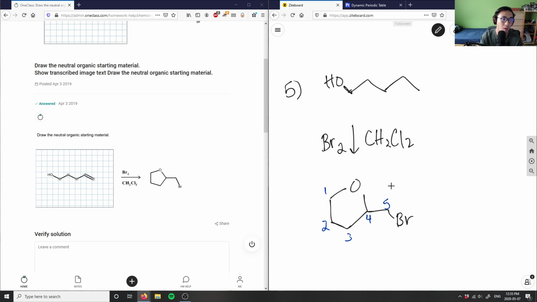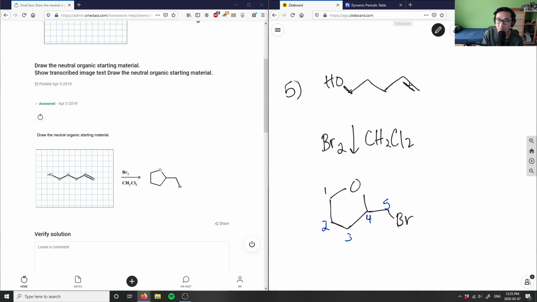Well, I would need either an alkene, so what they have here, or you could do some type of substitution with an iodine group. It doesn't really matter which one you put here. You could put an iodine, or you could put a bromine, but in this case they put an alkene here.